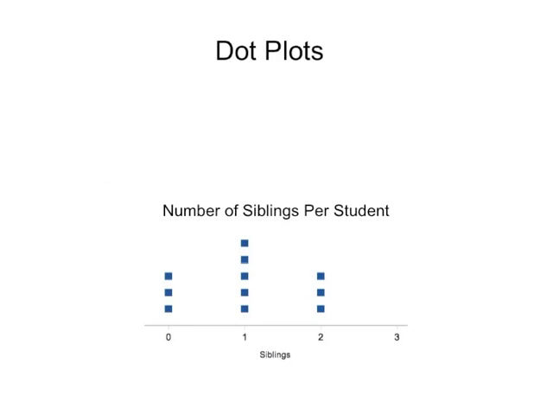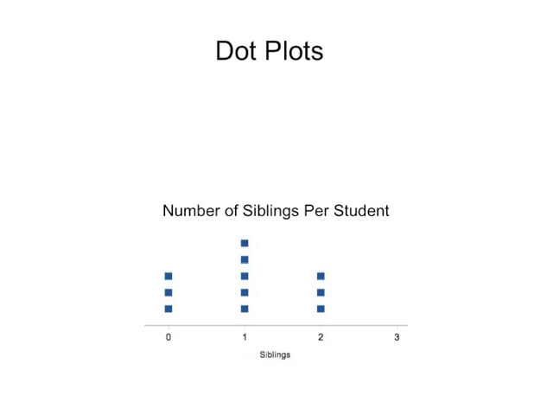One of our tools when we're doing statistics is dot plots. And dot plots show you how many times something happens. So in this case, if I interviewed the students in my homeroom class and asked them how many siblings they have, we can see there were 3 students that had 0 siblings.